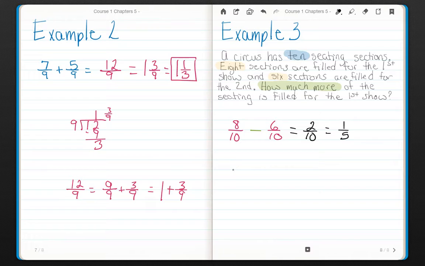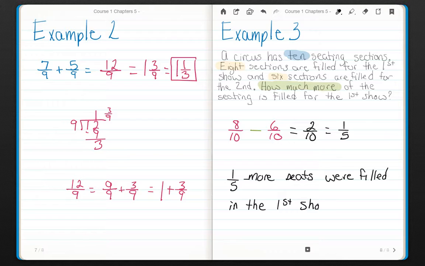So therefore, 1/5 more seats were filled in the first show, or something to that effect.